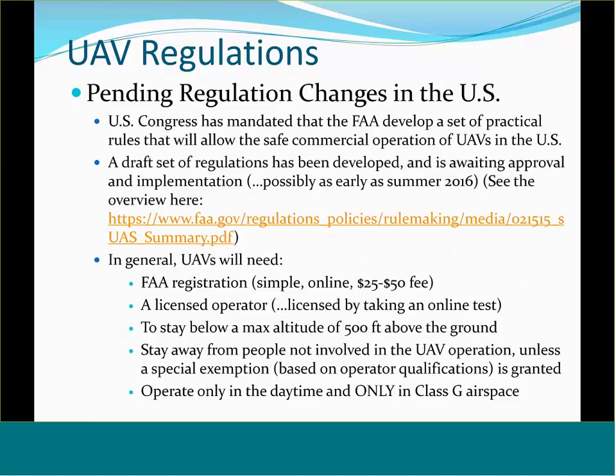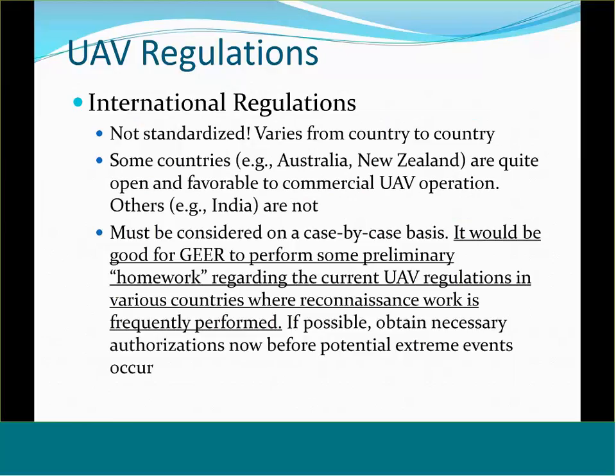You need to stay below a maximum altitude of 500 feet above the ground surface, and you need to stay away from large groups of people, unless you have a special exemption which the FAA can grant based on your operator's qualifications and training. And then you also need to only operate your UAVs in the daytime and only in Class G airspace. Class G basically means you're not going to go near critical structures or near airports.